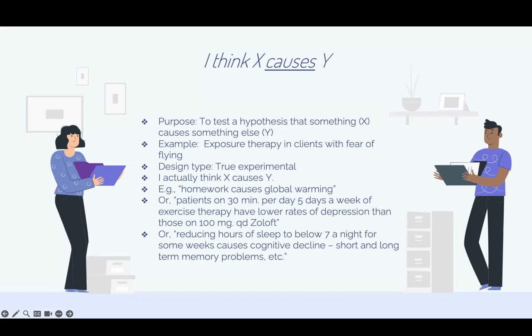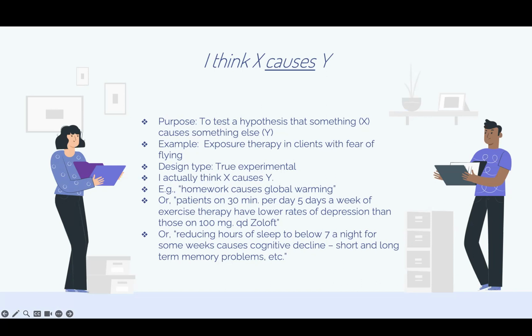So for example, when we claim homework causes global warming, we are suggesting a direct causal link that would need to be investigated through rigorous experimental procedure. To illustrate, a study might compare the depression level in patients participating in 30 minutes of exercise therapy 5 days a week with those prescribed 100 milligrams of daily Zoloft.